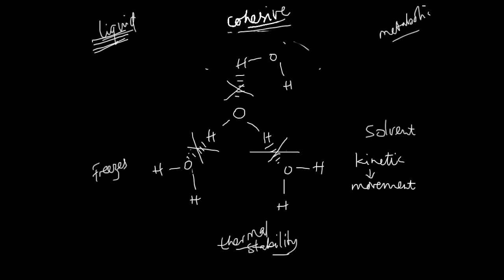So again, the hydrogen bonds keeping these water molecules together prevent the water molecules from moving more. That is the reason why water has a high thermal stability, because a lot of energy is first taken to break those hydrogen bonds. If the hydrogen bonds weren't there, the temperature of water would go up faster because there's nothing stopping the water molecules from moving. Okay?